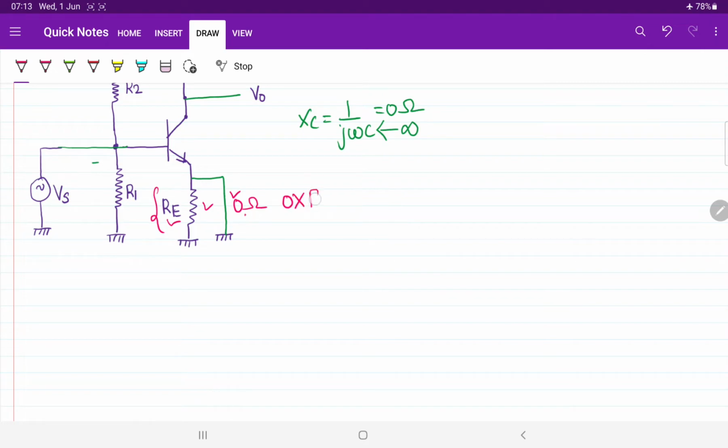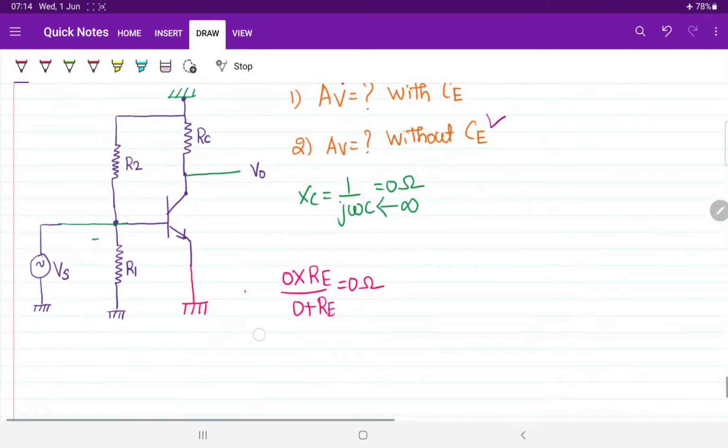The equivalent resistance of the parallel circuit, 0 times RE divided by 0 plus RE, will be 0. So the final conclusion is that the emitter resistance will be gone from the circuit, and the emitter is simply connected with the ground. See how simple our circuit became now.